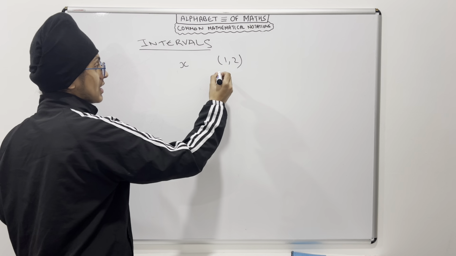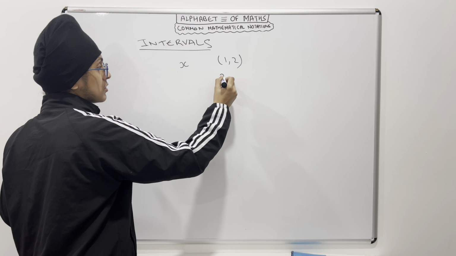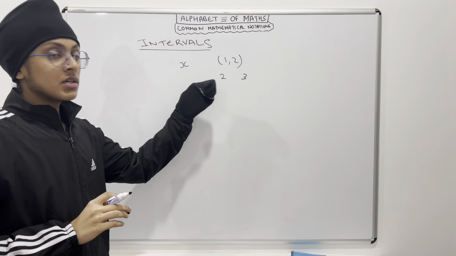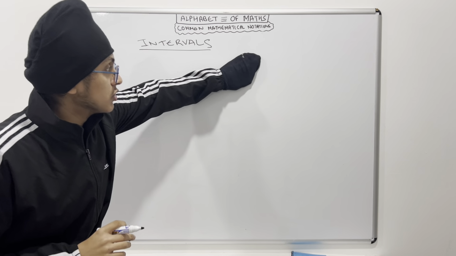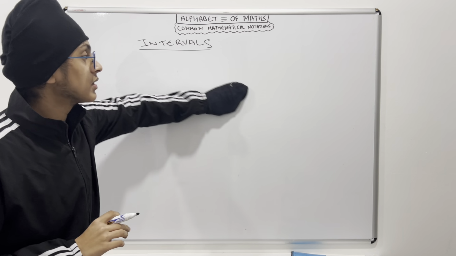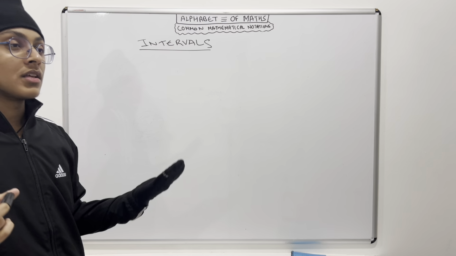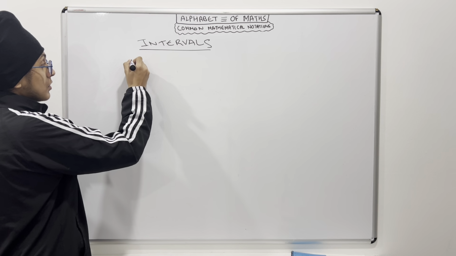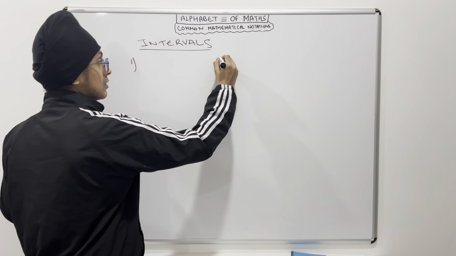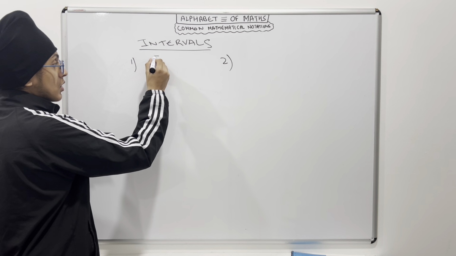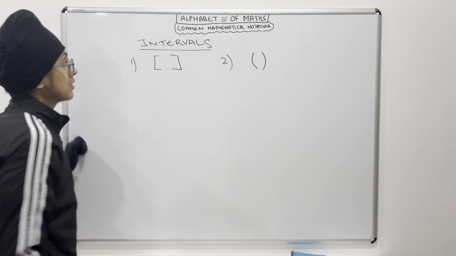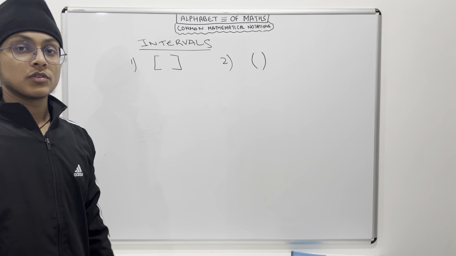Or maybe I want to say that x is between 2 and 3. So I can use intervals to write these ranges instead of writing that x is less than or more than. So intervals have two types of brackets: the square bracket and the normal bracket. These are used in intervals.